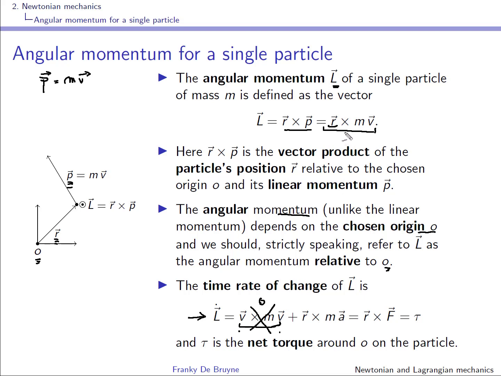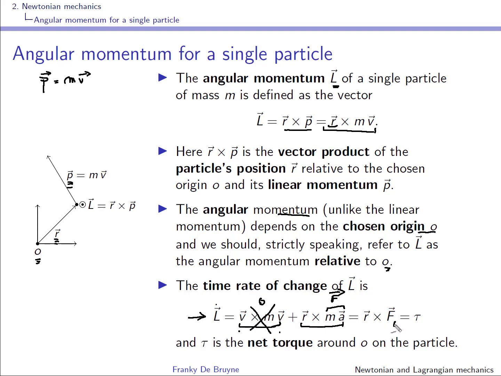The second term that will be appearing is the position vector r cross product with the derivative of this one, and this gives you this contribution here. So position vector cross product with mass times acceleration vector, and we know from the second law of Newton that this is the net force acting on the mass.